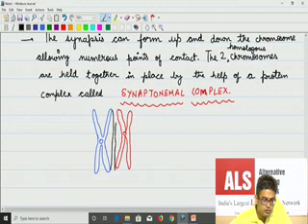Or you can draw just two lines, and I'll put a filling substance in between, like this. So just like an Oreo biscuit, the sandwich complex is there, and this is called the synaptonemal complex.